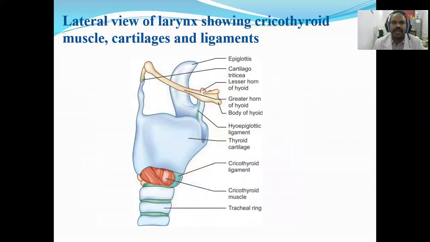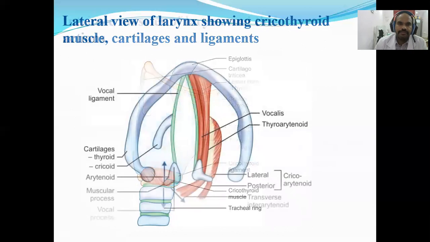Lateral view of the larynx showing the cricothyroid muscle, cartilage, and the ligaments. So this is the cricothyroid muscle. It originates from the anterior part of the cricoid cartilage and attaches to the lamina of the thyroid cartilage. So this is the site of origin as well as insertion of this cricothyroid muscle.